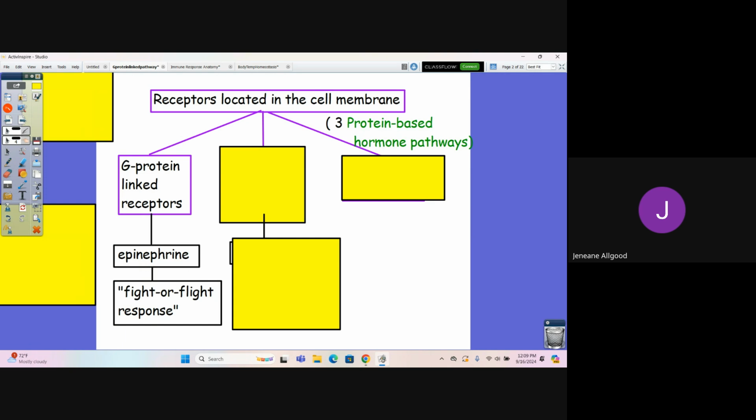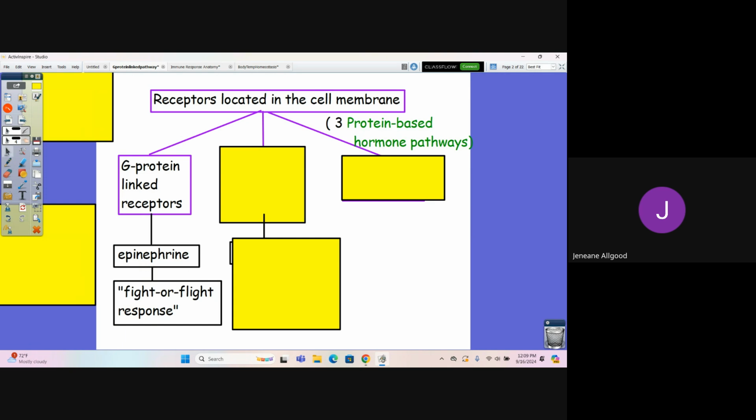Epinephrine also is going to activate enzymes that can break down glycogen in your liver, which remember is our sugar storage form. And so epinephrine is going to trigger glycogen to be broken down in your liver to produce glucose, because if you're in an emergency and you're getting ready to fight something or run away from something, you're going to need that extra fuel, and the glucose is the fuel for your muscle cells.